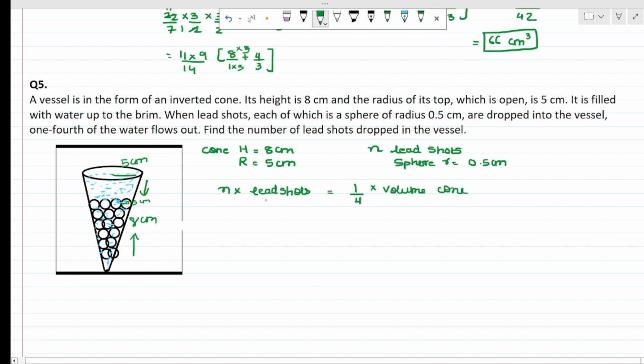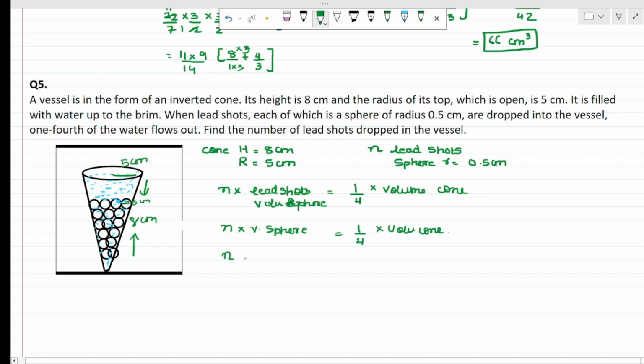So we don't know the number of lead shots and it's the shape of a sphere. So you will write volume of sphere. So n times volume of sphere will be equal to 1/4 volume of cone. Okay. So now substitute.